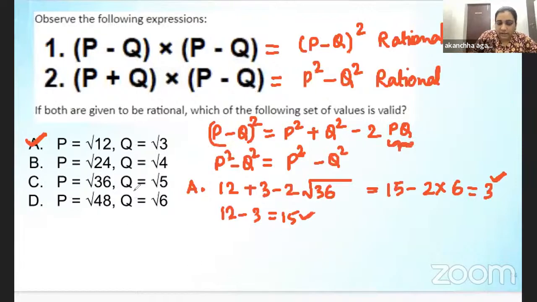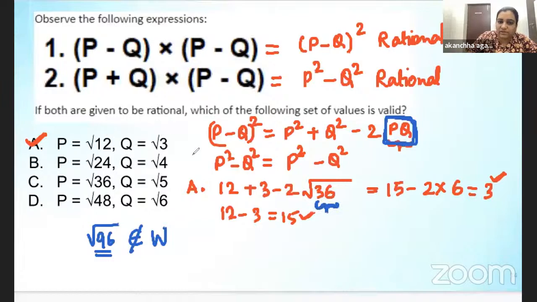Because sometimes, like in the second example, you will get PQ as root of 96, and root 96 is not a whole number, so it will not give you a rational number. It is an irrational number, and hence it does not obey. So basically, root of PQ should come out as a perfect square, which happened over here. 12 times 3 came 36, and hence option 1 was fine.